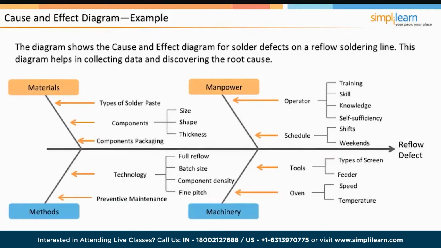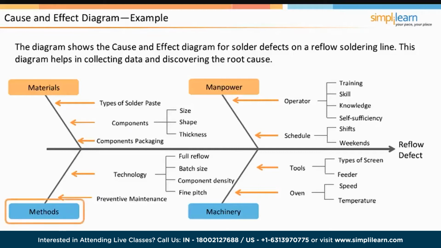The diagram shows the cause and effect diagram for the possible causes of solder defects on a reflow soldering line. This diagram helps in collecting data and discovering the root cause. During brainstorming, the group looked at all the major causes and then grouped them under the main headings. Under materials, causes like types of solder paste, components, and the components packaging used are considered.